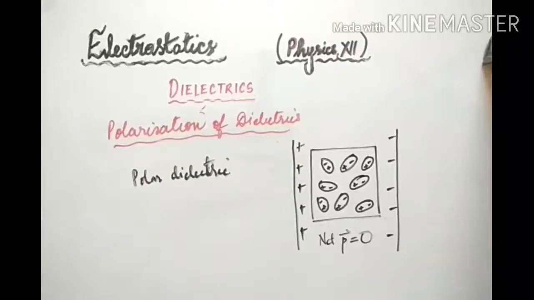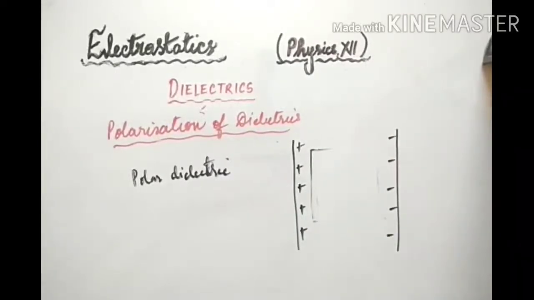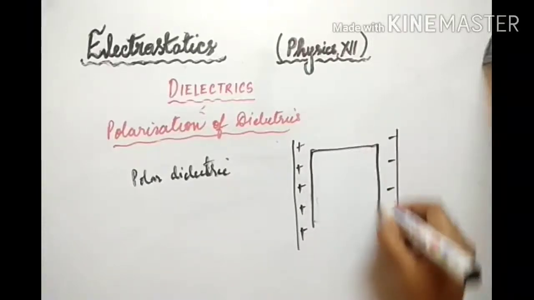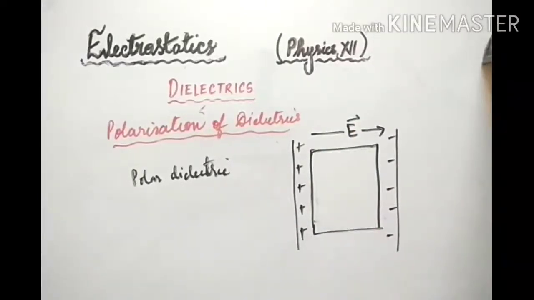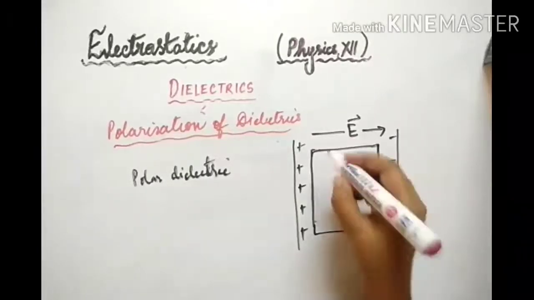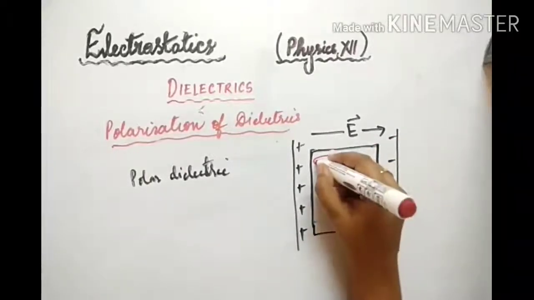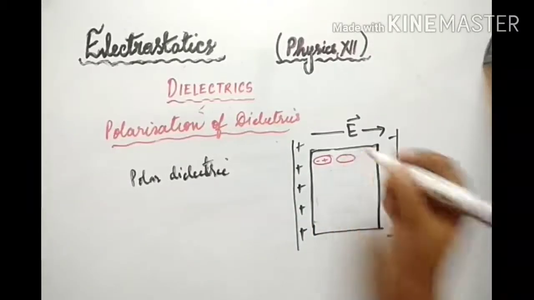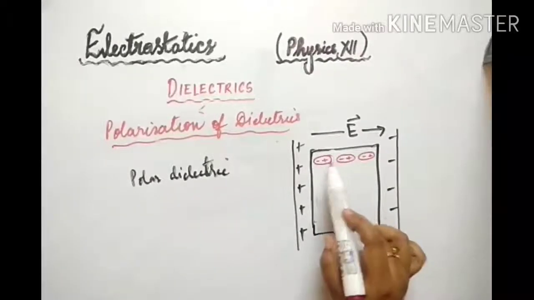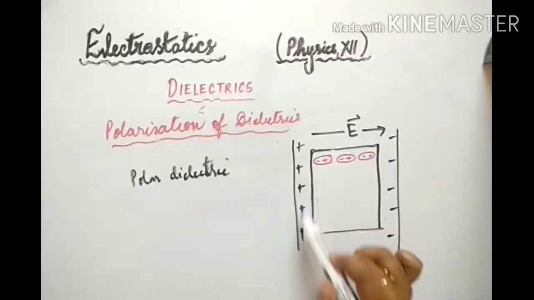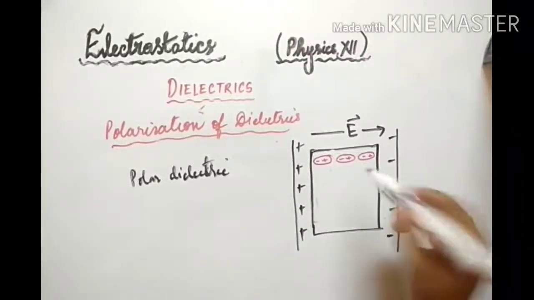Now suppose you keep the dielectric in between the two charged plates and you supply an external electric field E. Then the dipoles arrange themselves so that the negative part of each molecule points towards the positive plate, and the positive part of each molecule points towards the negative plate.